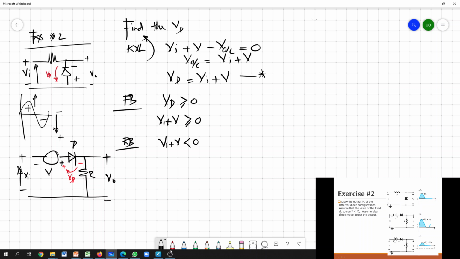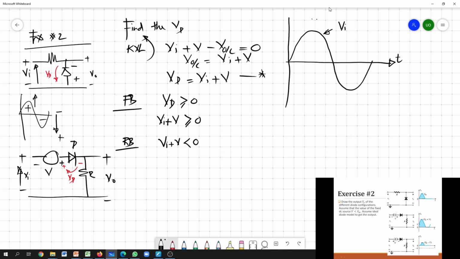So these are the two conditions that this particular circuit needs to satisfy to make the diode forward and reverse biased. Okay, then we'll try to draw this. So this is your input.